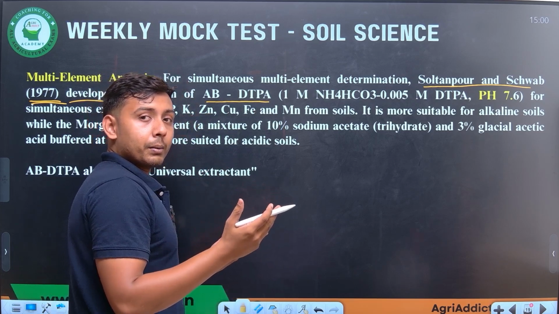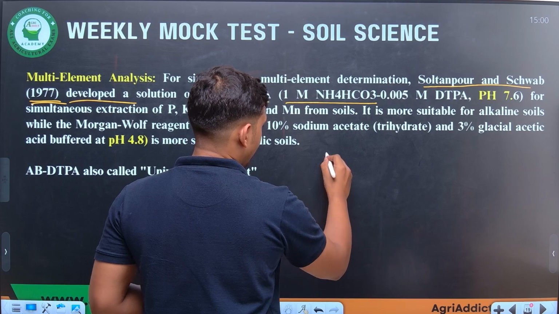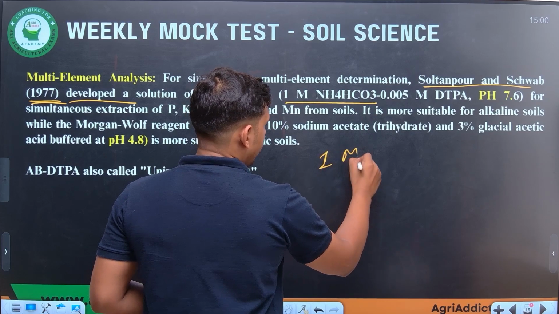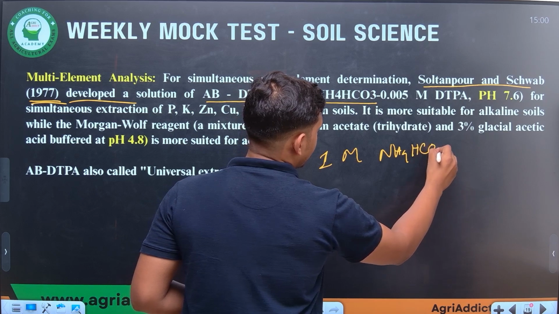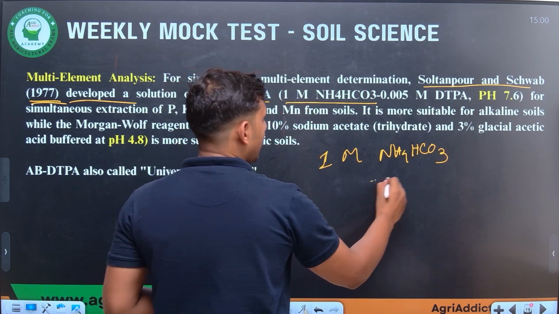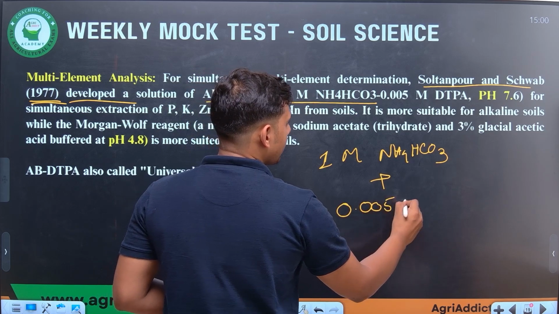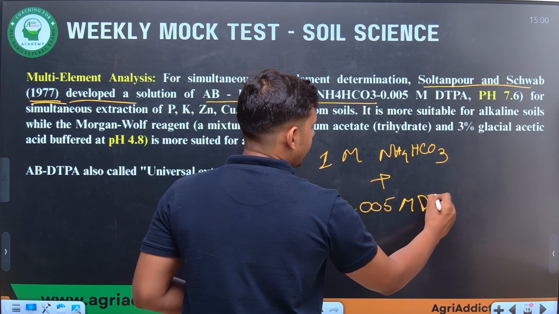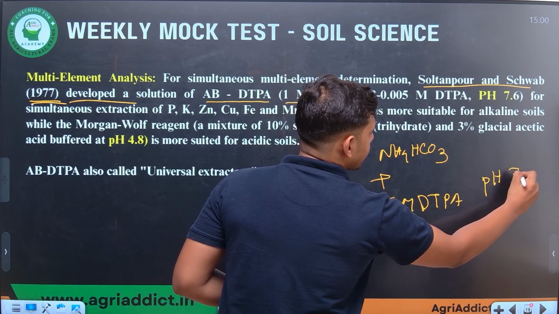The components of AB-DTPA are 1 molar ammonium bicarbonate and 0.005 molar DTPA, and pH is very important, that is 7.6.